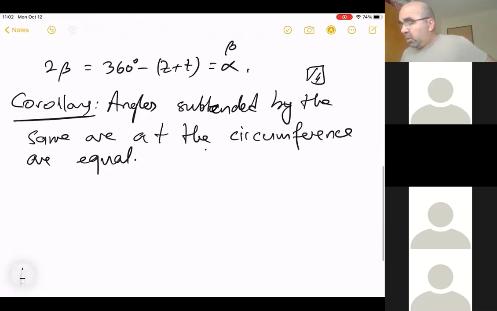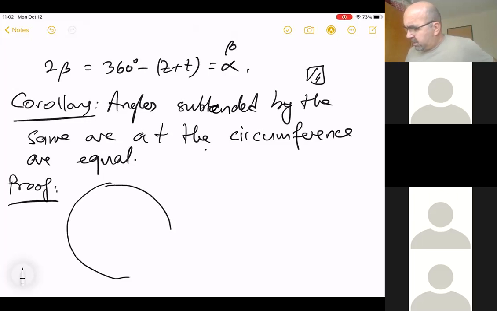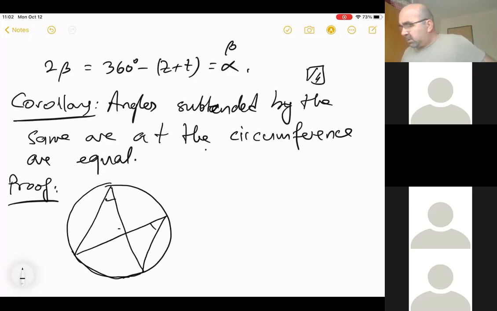Namely, let me draw this. First proof: it will follow from the theorem. So when you draw this circle, when you take an arc, let's take this arc like this, and let's take one angle like that and another angle like this, this statement says these two angles are the same.